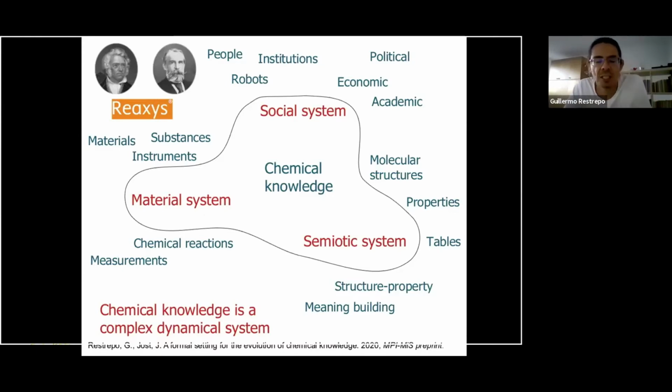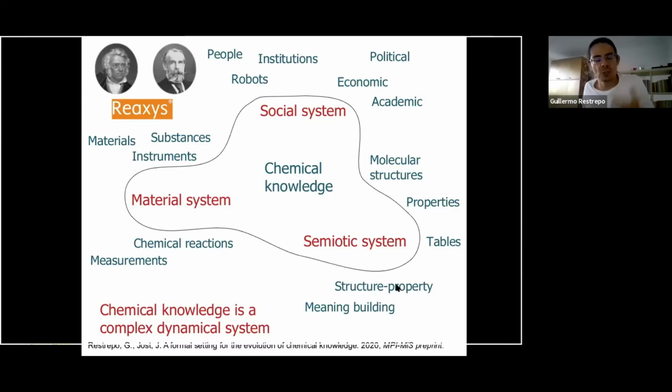The semiotic system is based on the ways chemists have used to explain themselves or to communicate with each other. We have molecular structures, properties, the way they communicate the properties, and tables. We are very famous in science for using tables, not only periodic tables, but several other tables.